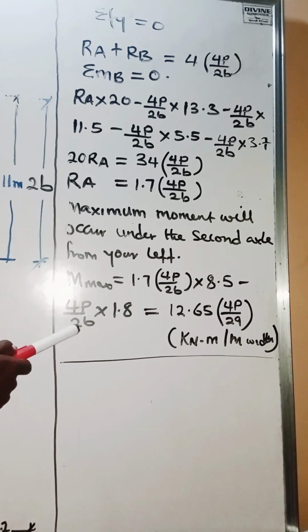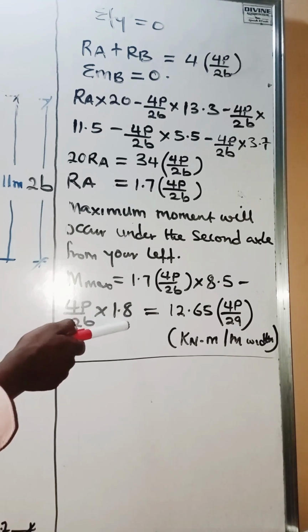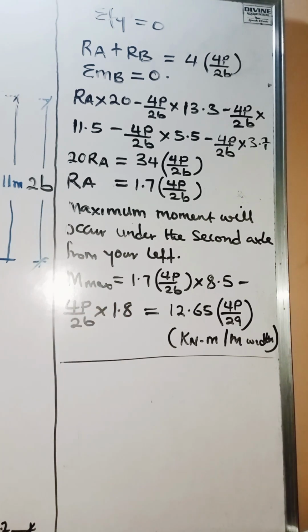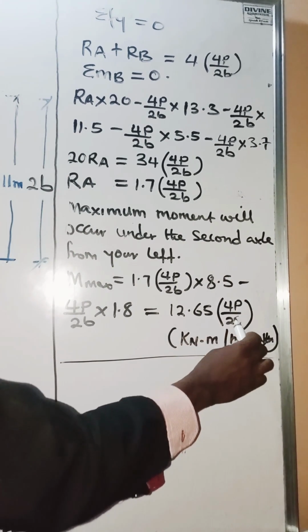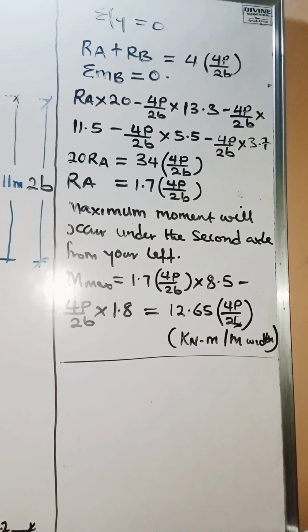The next load is the first axle, the first axle times the distance of the second axle, which will give you 12.65 open bracket 4p over 2b. All right, so this gives us the value for the maximum moment of a simply supported bridge using the orthotropic plate method.